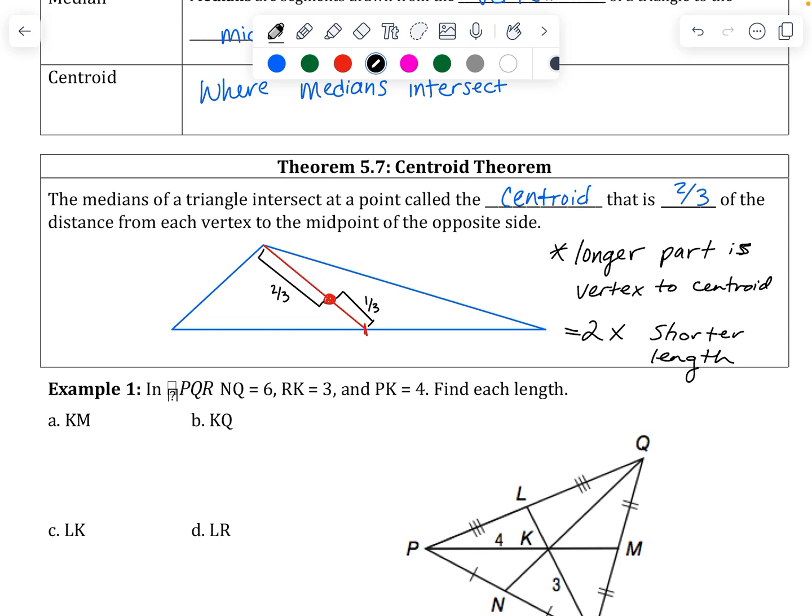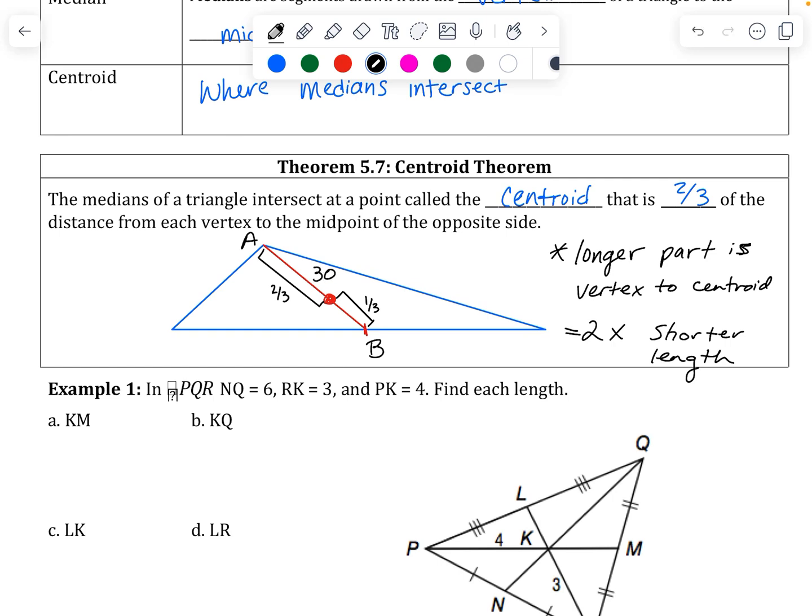So for example, if I had a segment, let's call this A, B. If I had a segment where this was 10 units long, the shorter part would be half of that, 5 units long.